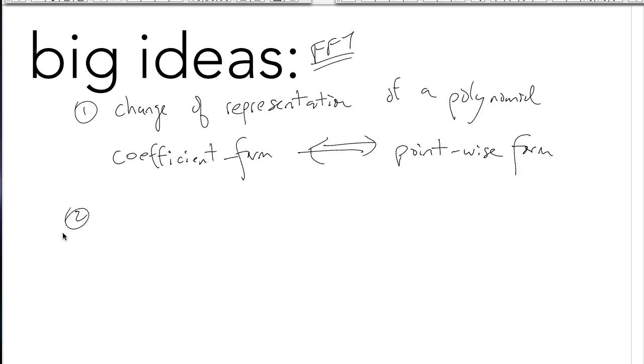What does the FFT do? It changes representation. And this is a powerful idea because oftentimes a problem becomes easier by changing its representation to some other type of idea, doing some operations in that representation, and then changing it back. FFT is your first example in this class. The second big idea is that it is a classic divide and conquer strategy.